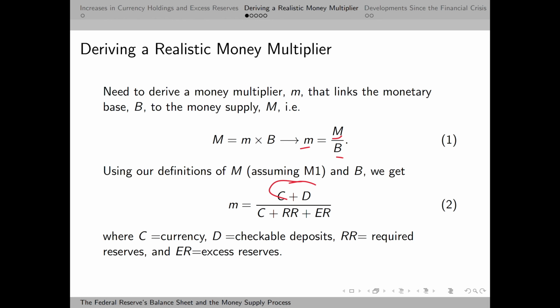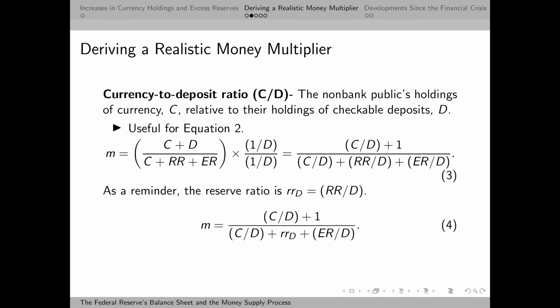We also defined the monetary base in the 14.1 video. The monetary base is currency held by the non-bank public plus all reserves, both required and excess. So in equation 2, we just have a slightly expanded definition that says the exact same thing as in equation 1. But we can do a little bit better than this.